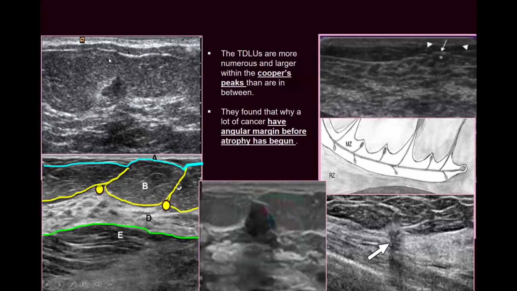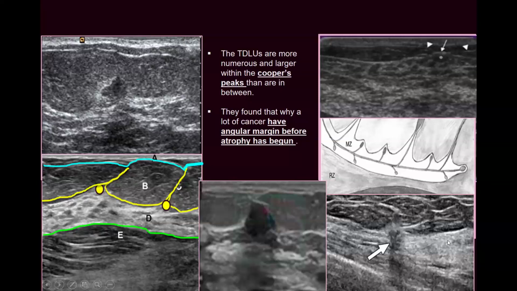Can you see this is a Cooper ligament here? Because we have mentioned that at the base of the Cooper ligament or Cooper peaks, the TDLUs are also larger and numerous, and that is why, look here, you see this cancer at the Cooper base and extending into it.